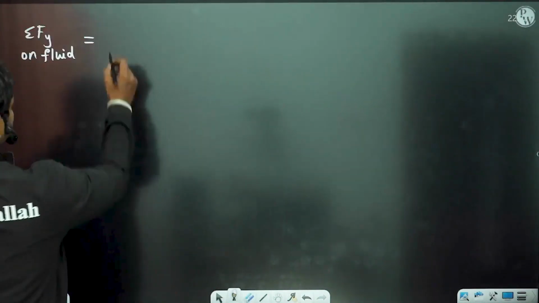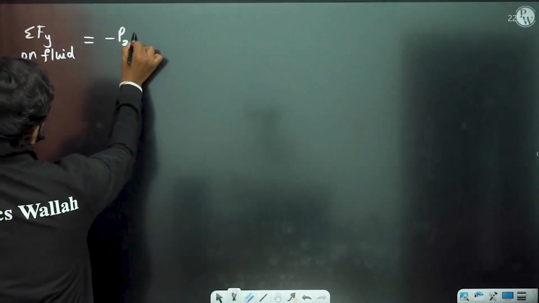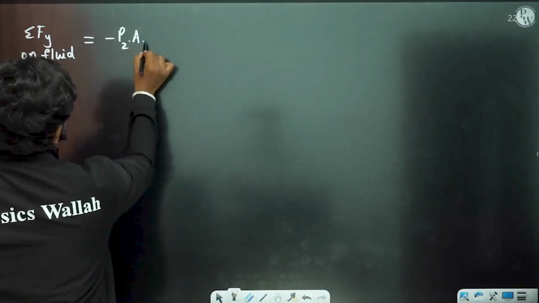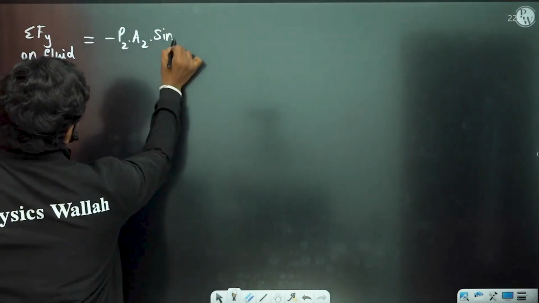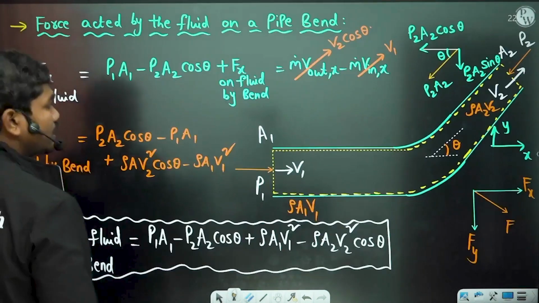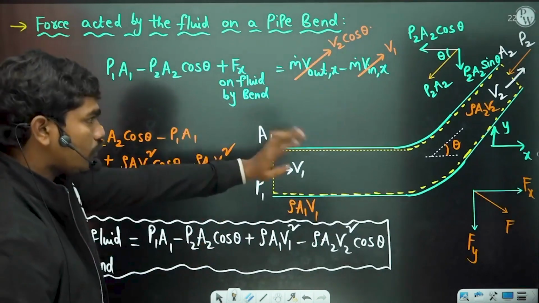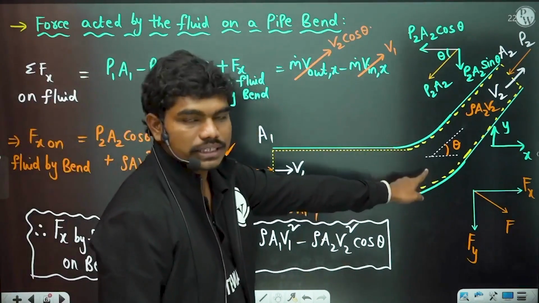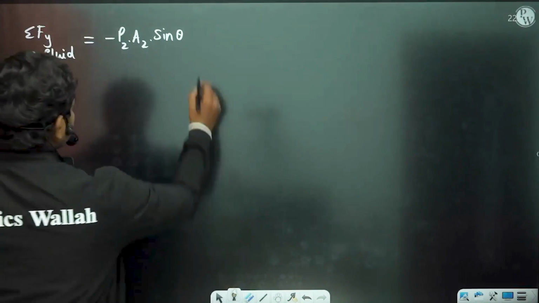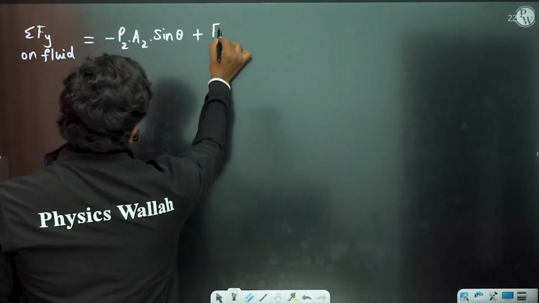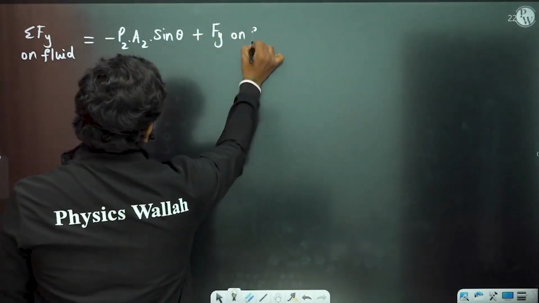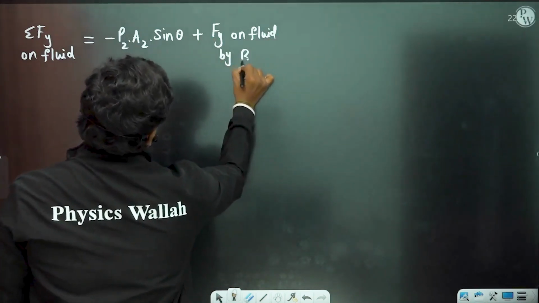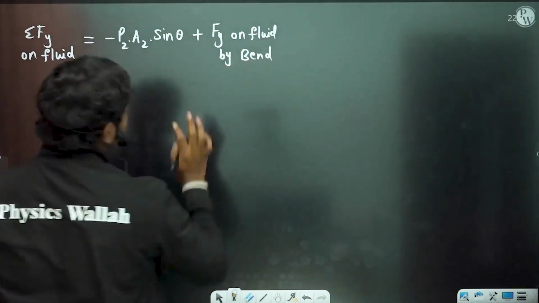So minus P2 A2 sin theta, that's the only force, plus let us suppose the force acting on the fluid is in the positive direction, plus Fy on fluid by bend. So these are the total forces which are acting in the y direction.